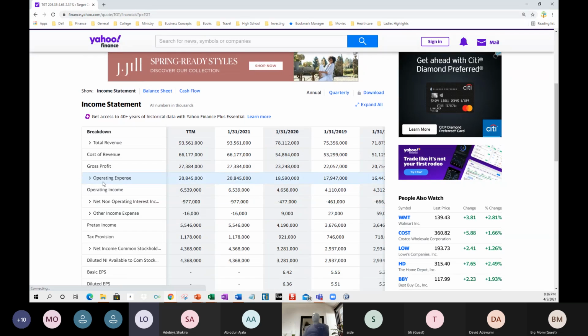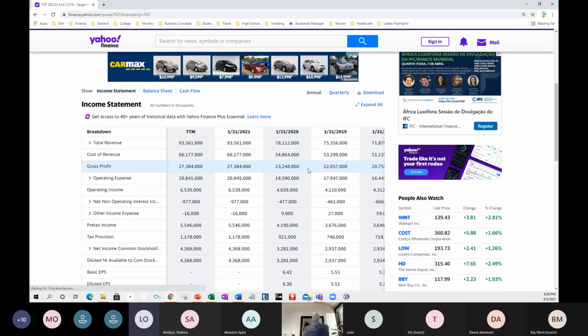Okay, so you see operating expense, sales minus cost of goods sold gives you gross profits. You want to be sure that the company has positive gross profit and also that it is growing. You saw in the case of NCLH that it was growing until it dipped because of what we explained. But here you see growth. A good company should have growing income.